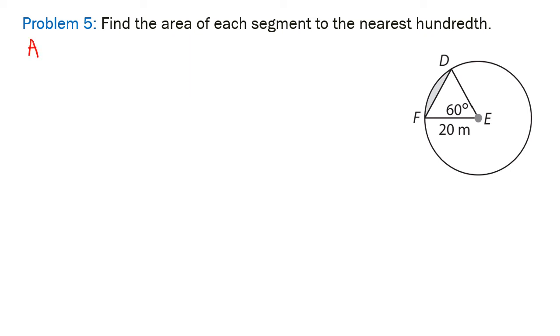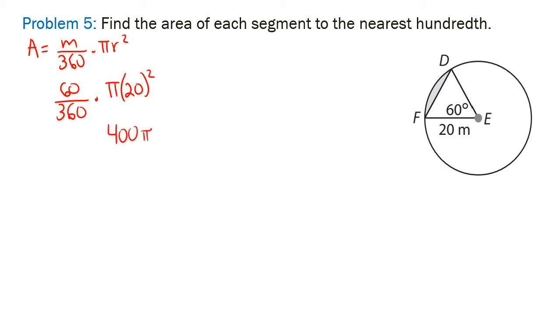So we're going to have area equals m over 360 times pi r squared. So our m is 60 over 360 times pi times 20, our r, so 20 squared is 400 pi. I'm going to go ahead and reduce the 60 over 360.